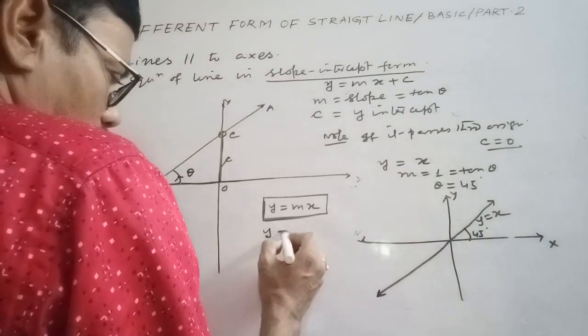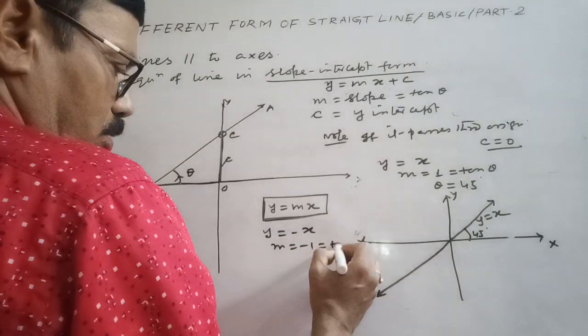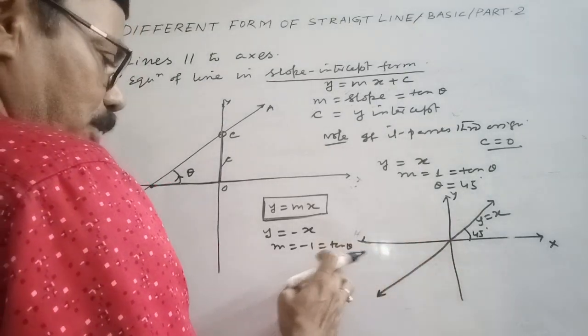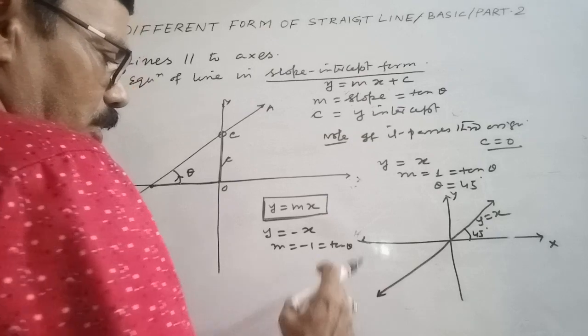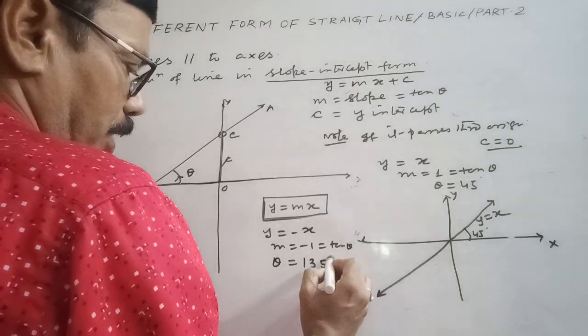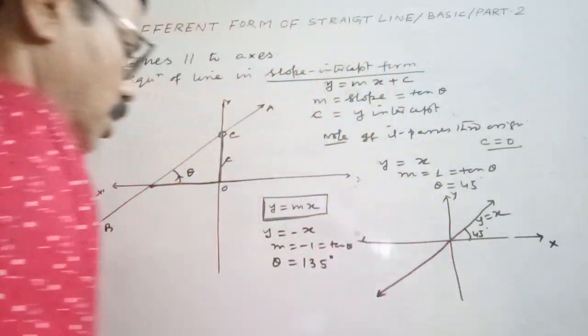If y equals minus x, then m equals minus 1 equals tan theta. You know theta lies between 0 and 180, so it lies in the second quadrant. So 135, you have to know the trigonometry part.